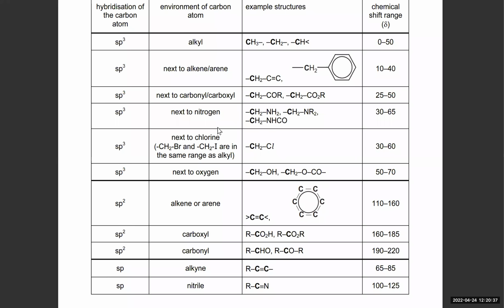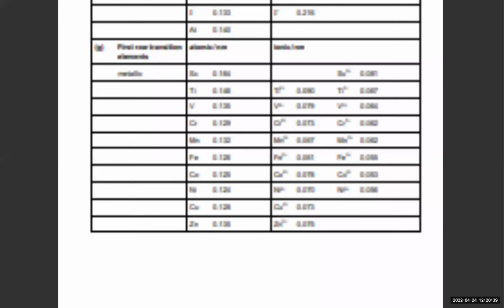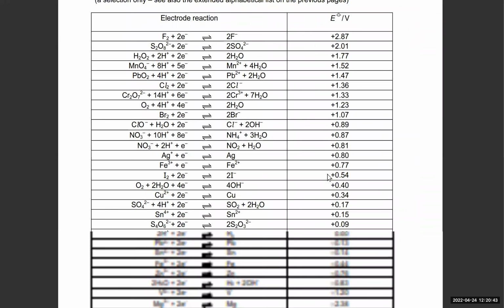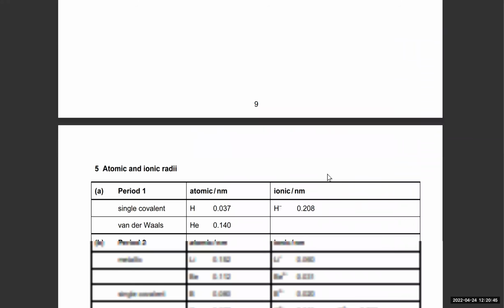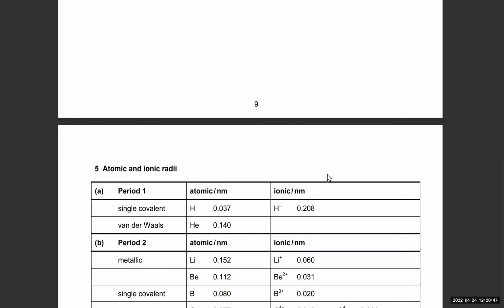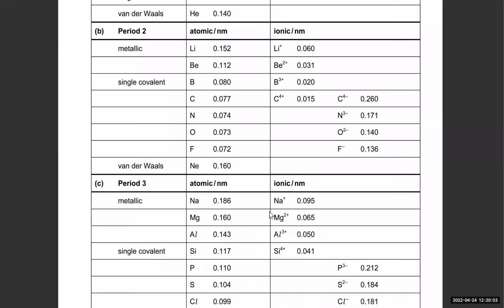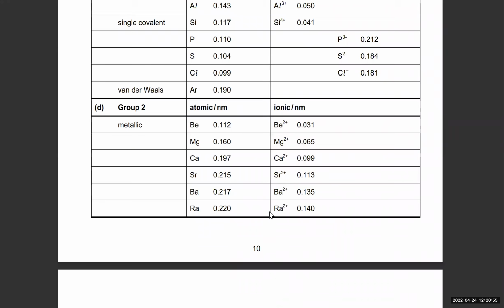Somewhere in the data booklet, over here, I think. So over here in this data booklet, you have the ionic radius. So you had lead, and you had... where is lead?